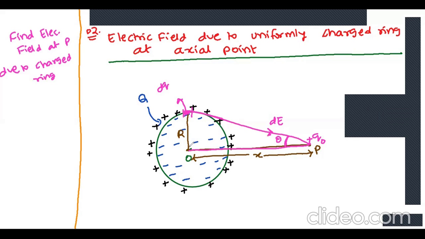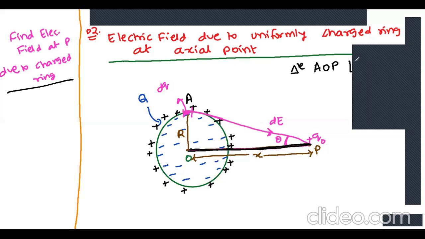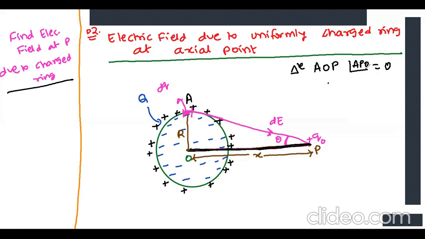I need to find the electric field along the OP direction. Suppose this is A. In the triangle AOP, angle APO equals theta. Along the OP direction, with respect to theta, OP is the adjacent side.